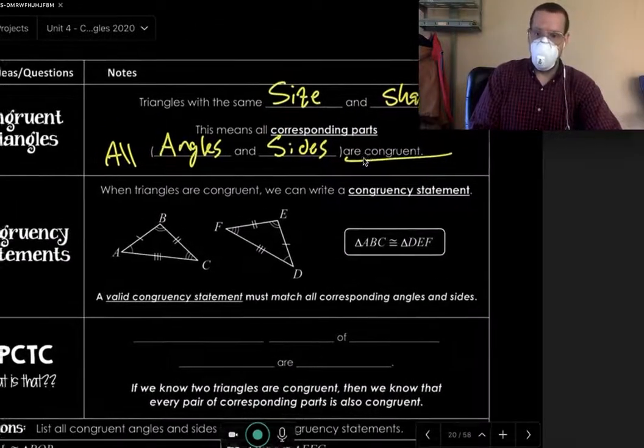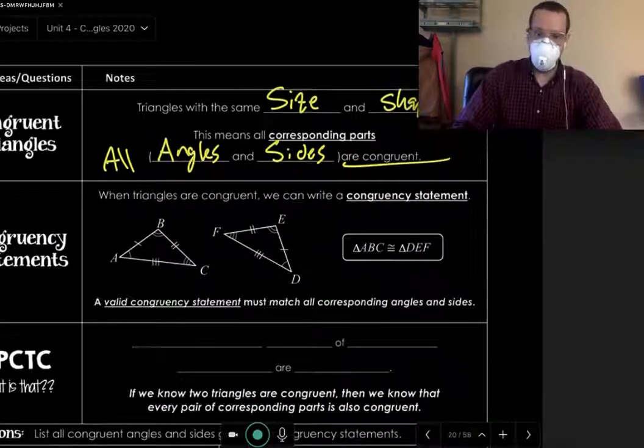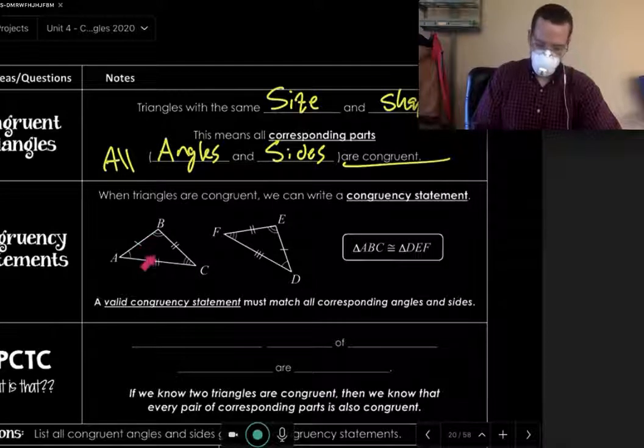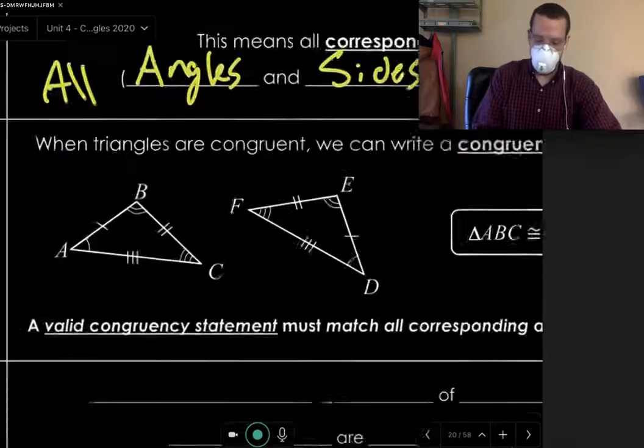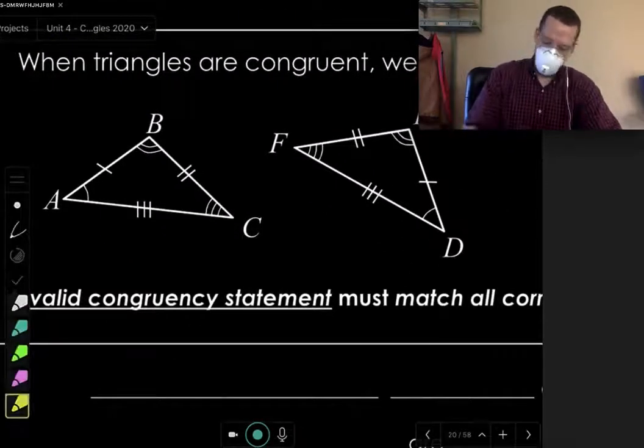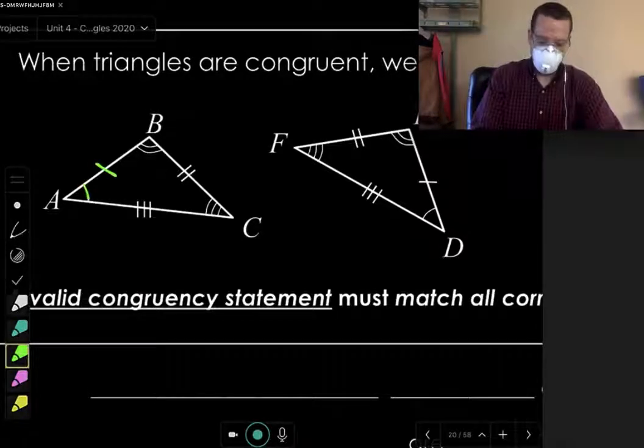So here we have these two triangles, and they're all marked, right? And notice they're also written very specifically. Now I'm going to zoom in on these triangles just so we can see. We have two things I want to note. This is one hash mark. This is one angle. We would consider this to be like angle 1, side 1.